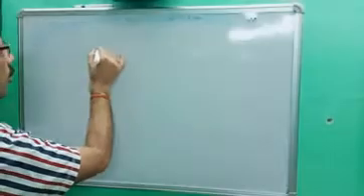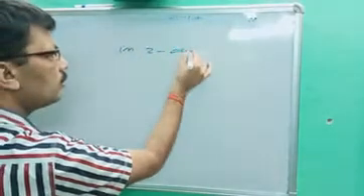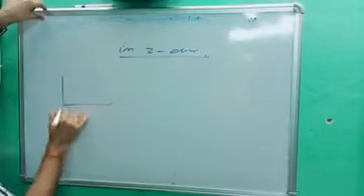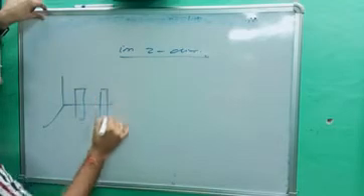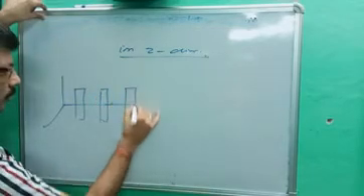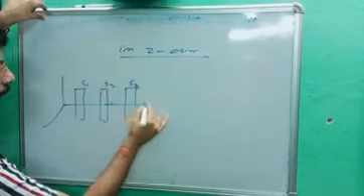equipotential surface for a uniform field in the Z direction. This question is asked many times, it is asked in competitive exams. So there are three ways by which we can define it. See here, surfaces are S1, S2 and S3. In what direction?